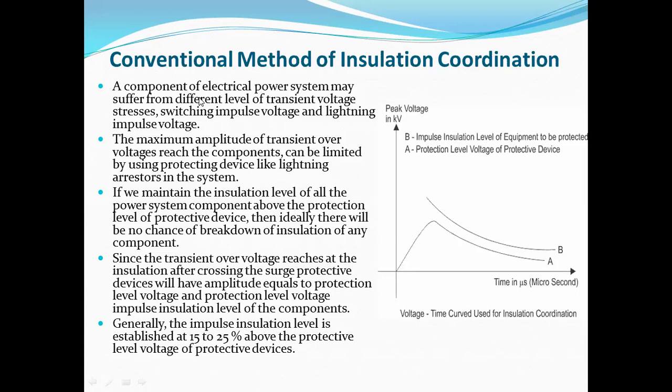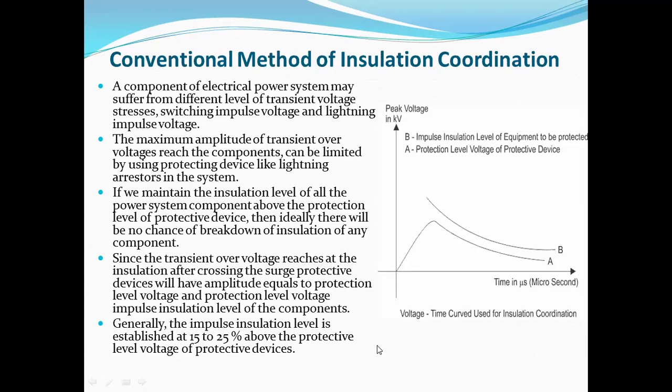The impulse insulation level means when switching impulses or lightning impulses are there, the level of voltage will increase, but we have to use insulation which has a protective value that is more than the rated.